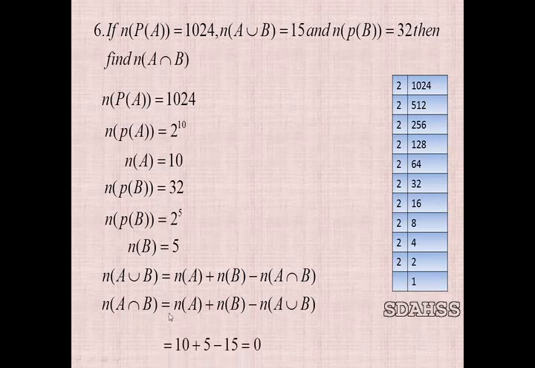In place of n of A you have to write 10, plus n of B you have to write 5, minus n of A union B you have to write 15. Then 10 plus 5 is 15. 15 minus 15 is 0.